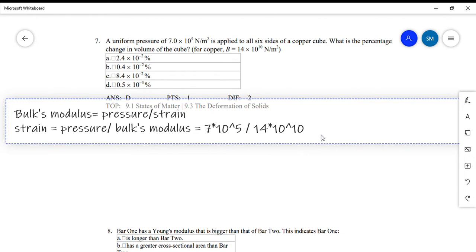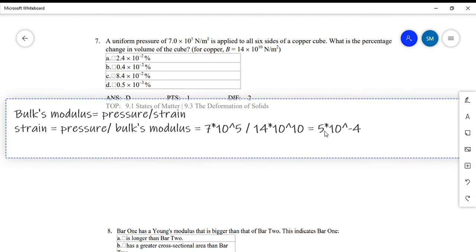This is the strain, which is 5 times 10 power negative 4. But he wanted to know the ratio, so we have to multiply it by or divide it by 10. After this, the result will be equal to 0.5 times 10 power negative 3.